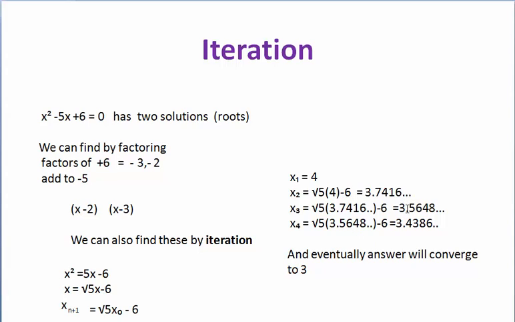And this is the solution we get, 3.5648, etc. Then this answer we put into our x subscript 4 iterative equation, and that is this same equation here, but this now is x4, so this is going to be this answer, 3.5648, multiplied by 5, minus 6 square root, and we get 3.4386. And as we can see, these answers are converging, and if we carry on going to about x subscript 8, x subscript 9, the eventual answer will converge to 3, so we can work out this root as 3.